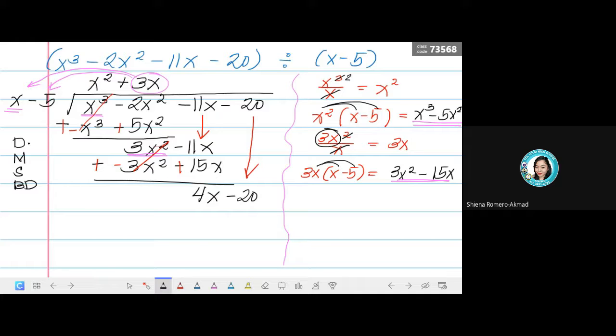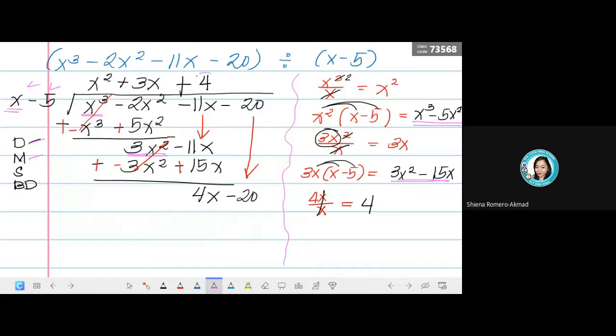Ngayon, una natin gagawin is to divide. So, that's 4x divided by x, and that will give us positive 4. So, write natin dito yung positive 4 sa tabi ni 3x. Burahin ko lang ito kasi ang i-multiply na natin ngayon ay yung positive 4. So, we're done dividing.